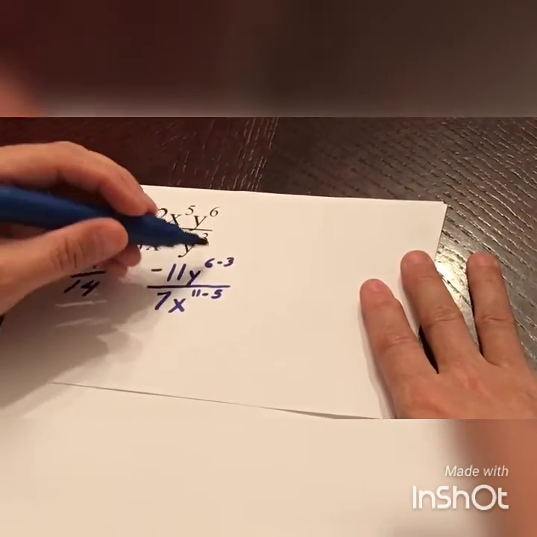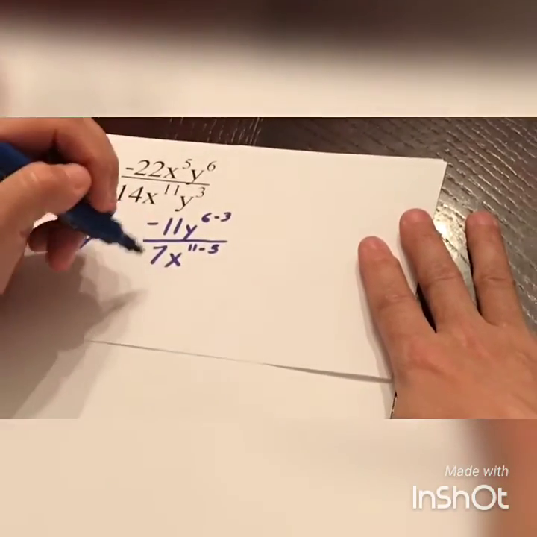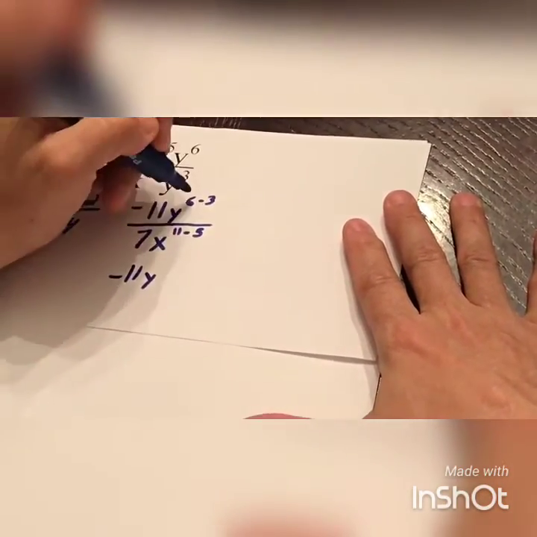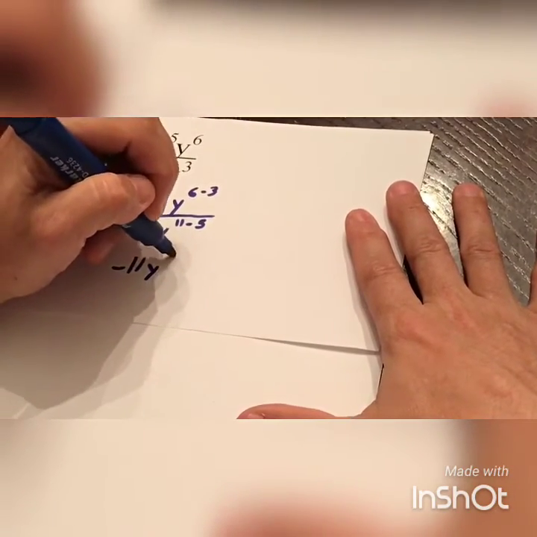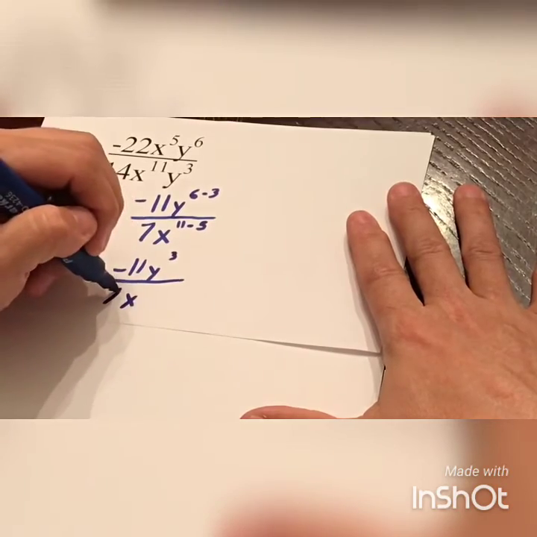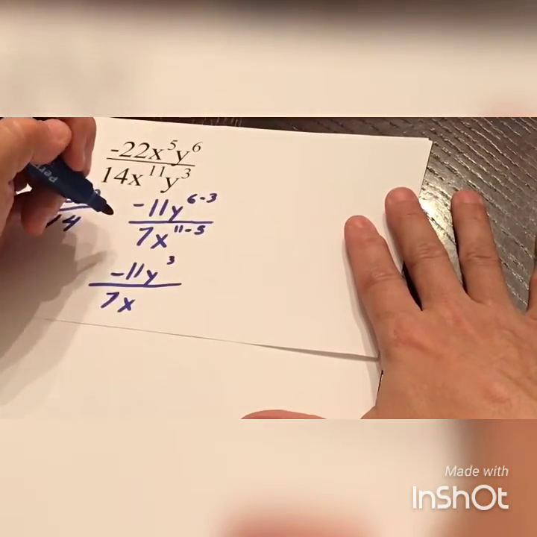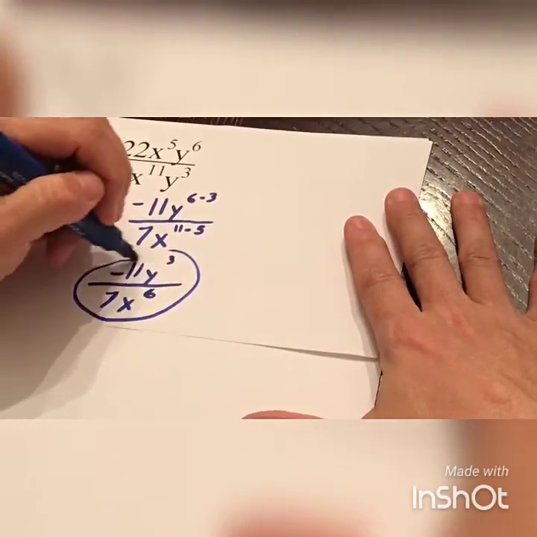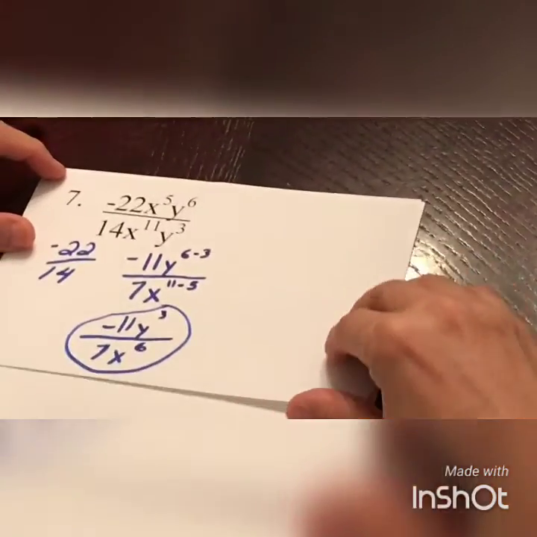Our last step is just to clean up those exponents. Negative 11 y, 6 minus 3 is to the 3rd power. 7x, 11 minus 5 is to the 6th power. And we have our final answer for number 7.